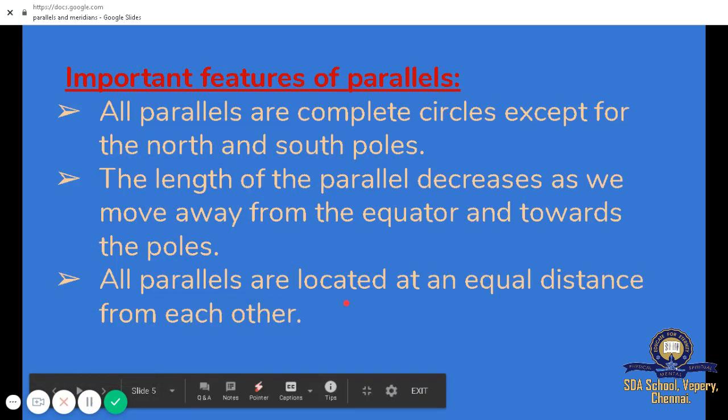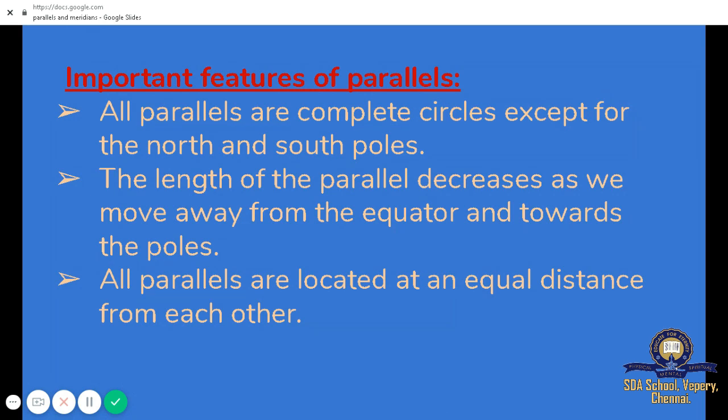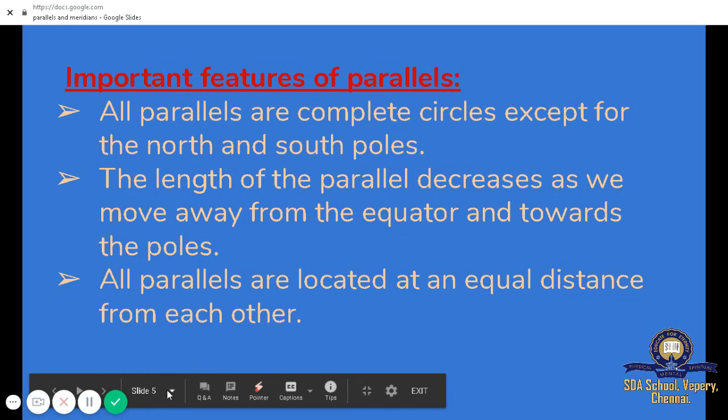Then all parallels are located at an equal distance from each other. If from the equator to the first parallel line there is some distance, that distance is maintained towards the end of the North Pole, or towards the poles. The distance between the equator and the first parallel is maintained between the first and second parallel lines, and it never changes. They have equal distance from each other.